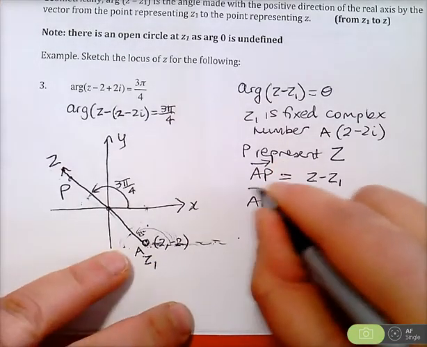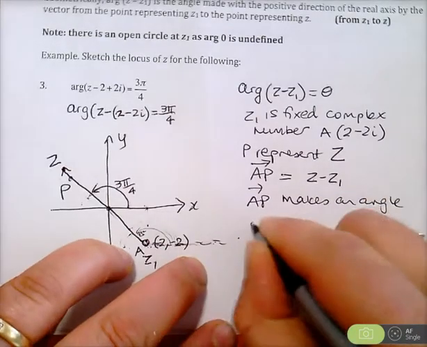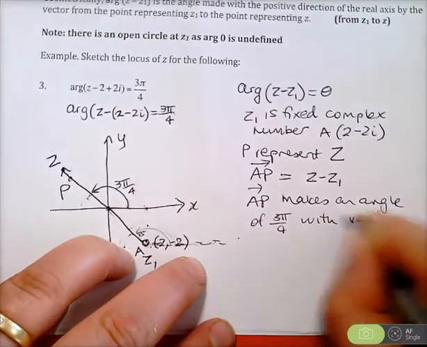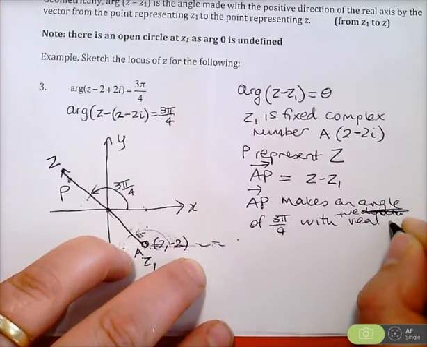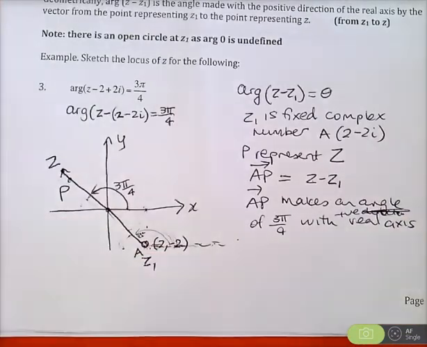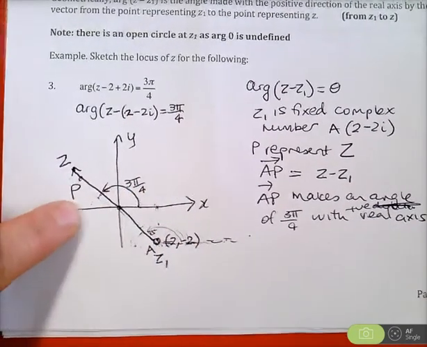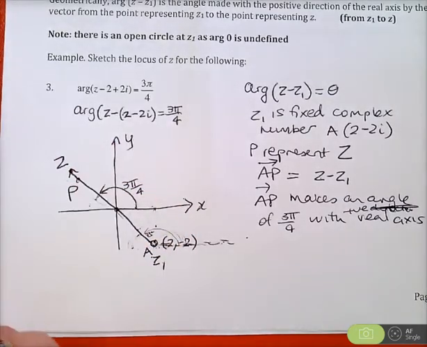And we know that vector AP makes an angle of 3π/4 with the positive real axis. It doesn't have to be a positive angle. As long as it's with the positive real axis, it means I don't start my angles on the negative real axis. The angles start on the positive real axis.